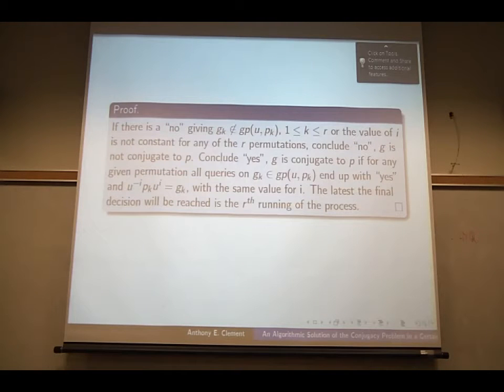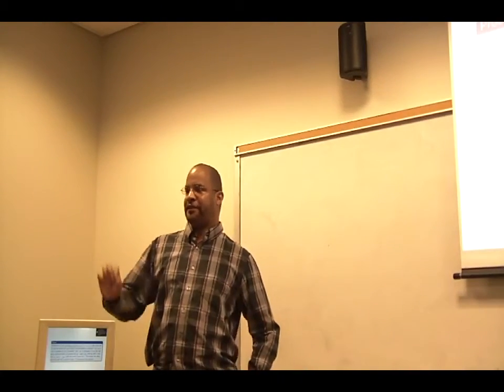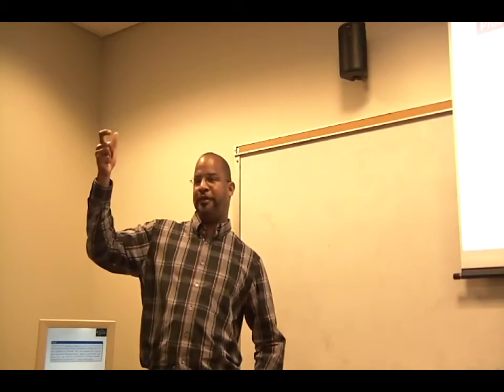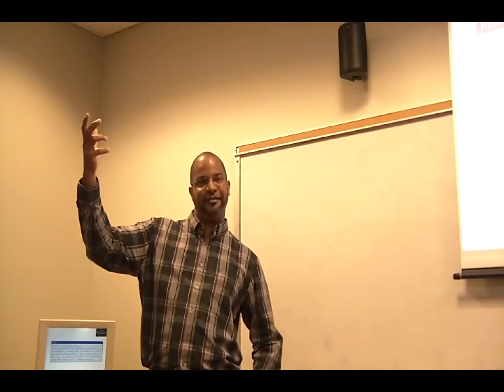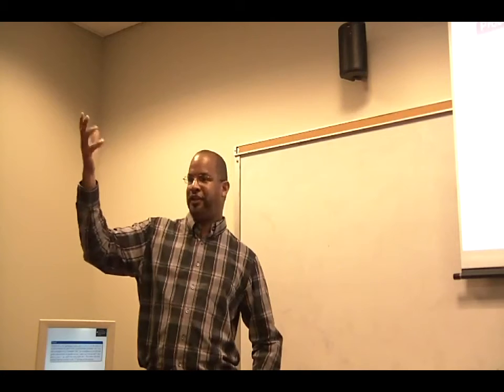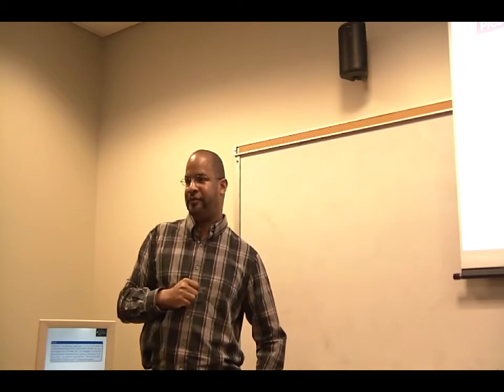So what is the latest? The final decision will be reached by the R-th running of the process, yes? That is the first one, at least the latest, yes? If it occurs in the first case, it's conjugate, then the algorithm stops.